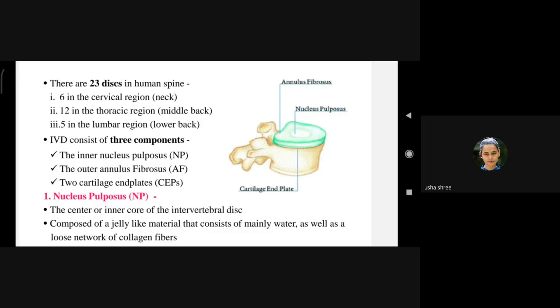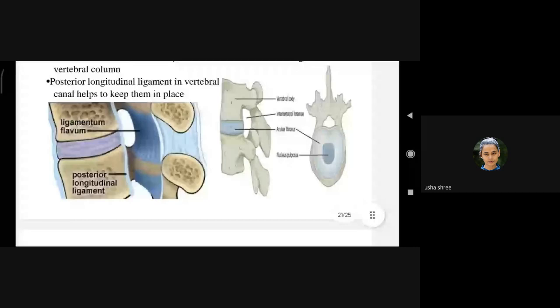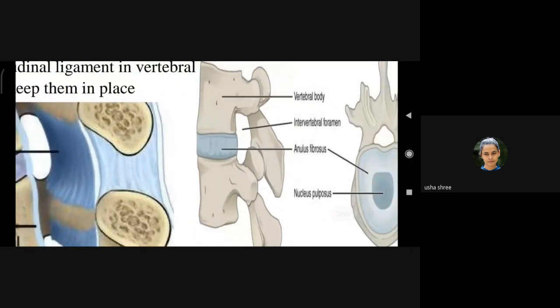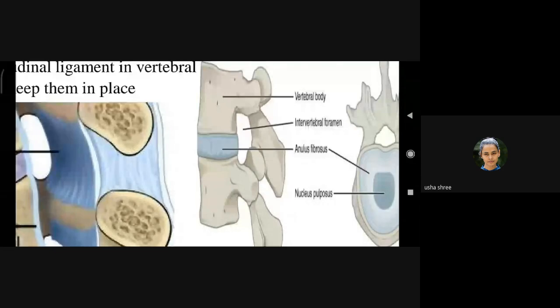You can see here two vertebrae, between these two vertebrae is the intervertebral space, and in that space the intervertebral disc is represented by baby blue color.